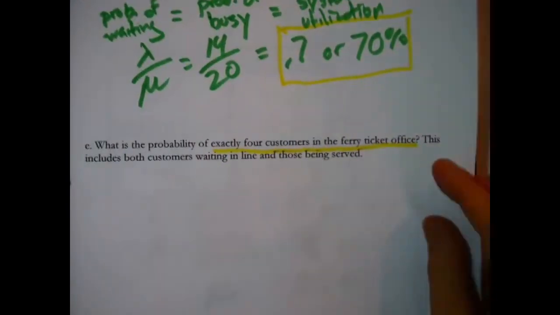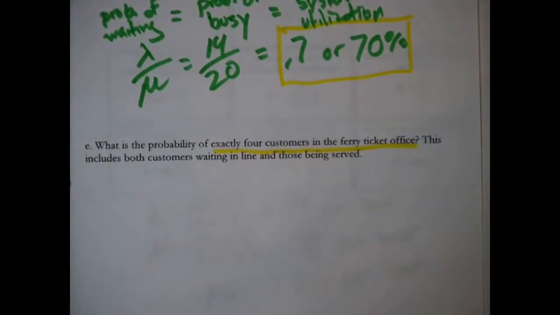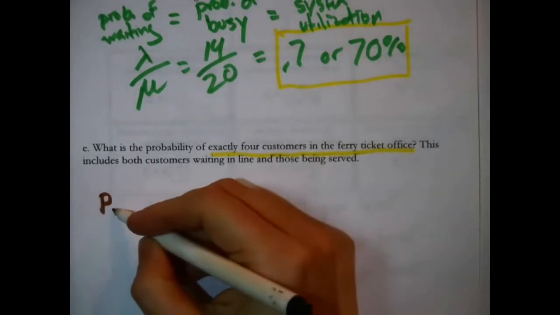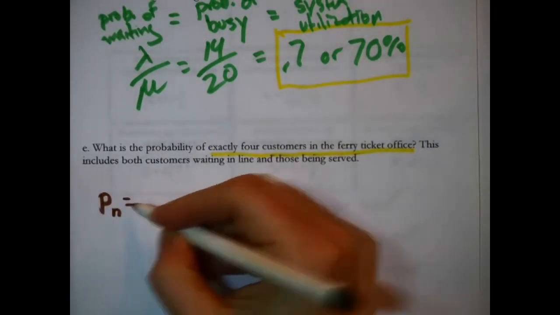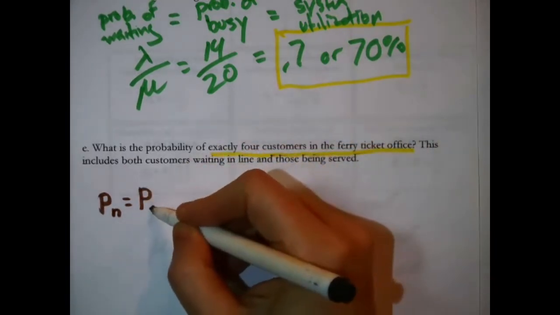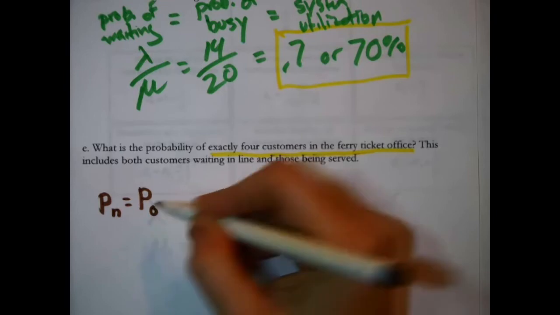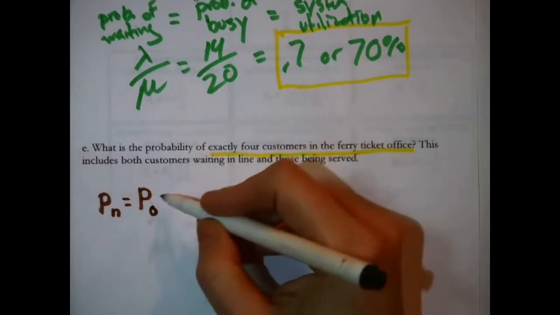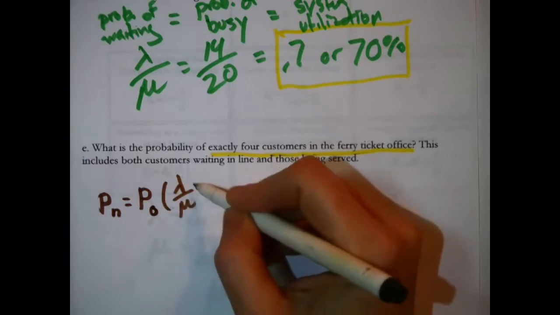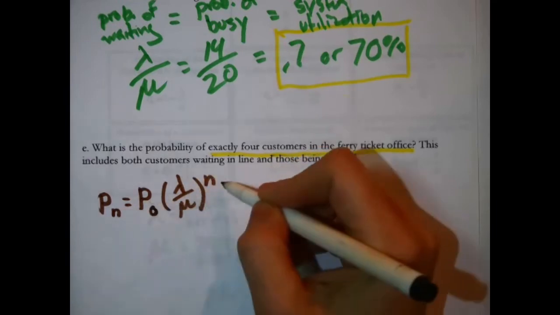I better copy that formula over here so we can look at it. The probability of there being exactly n customers in the ferry ticket office is the probability that there are no customers, that is p sub 0, times lambda over mu to the power of n, whatever the number is that we're interested in.